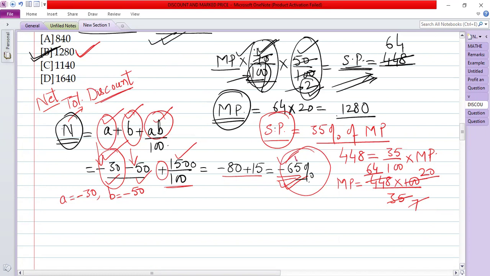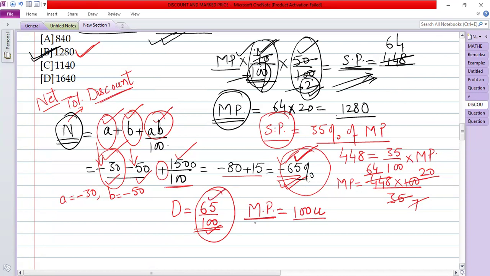Now here 65% was the total discount. 65% means 65 by 100. What is the meaning of this ratio? Suppose the marked price is 100 units. Then this 65 unit will be our discount amount.